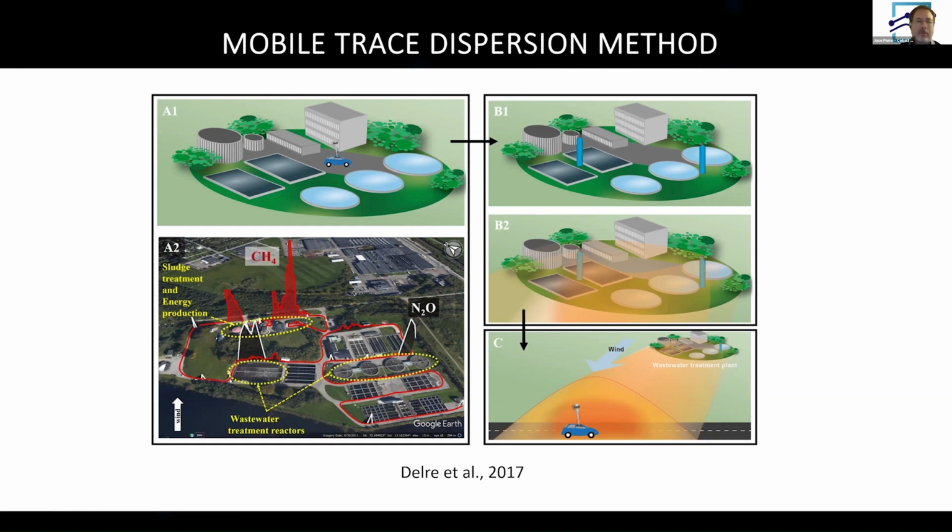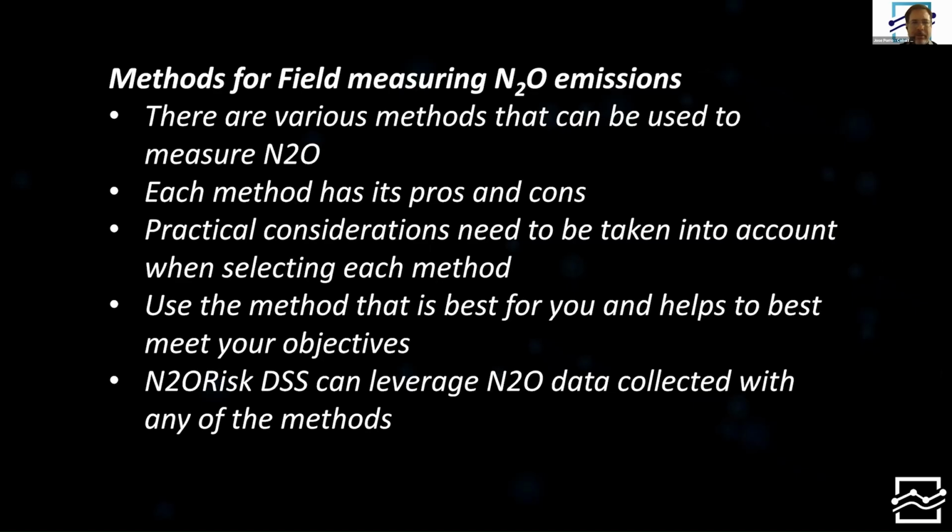So this does have a place in our N2O reduction journey. But again, it really is going to come down to budget, what your goals are, and what resources you have in terms of what method you're going to be using.